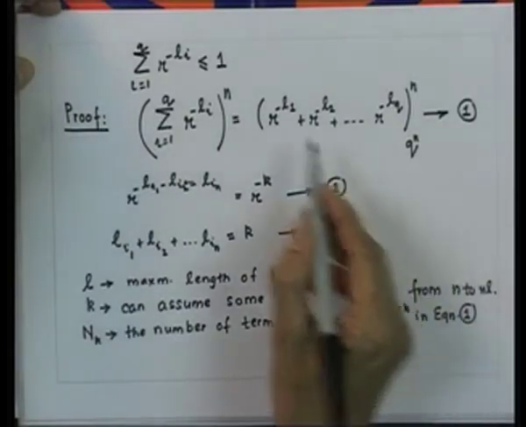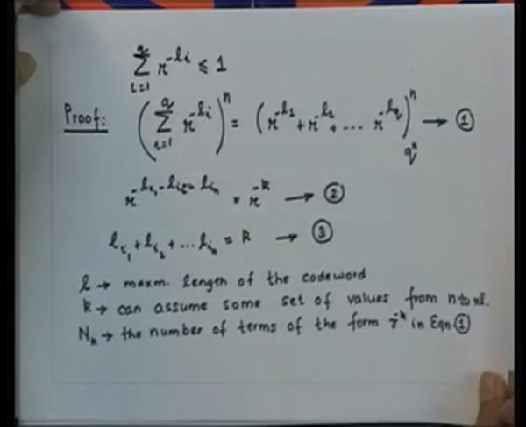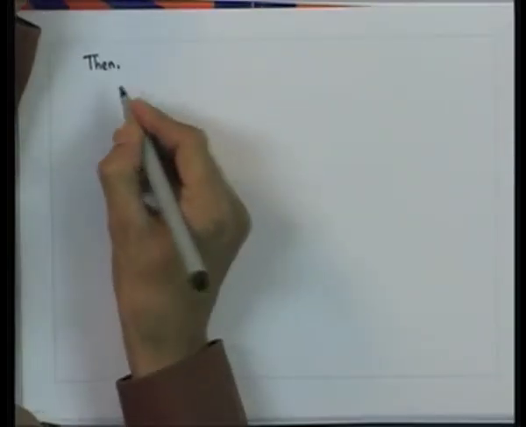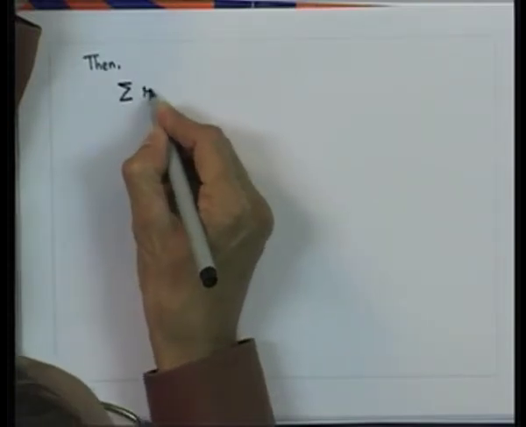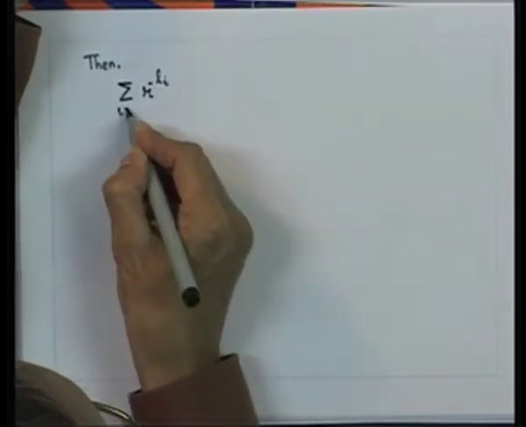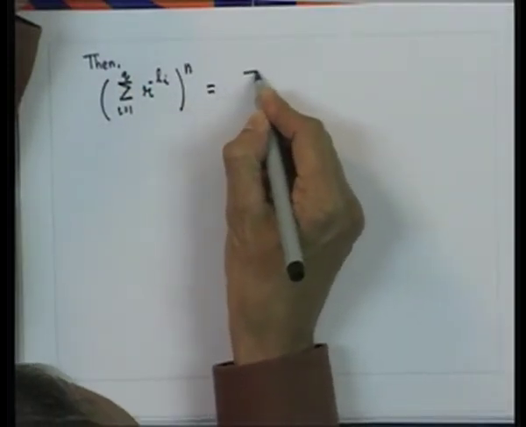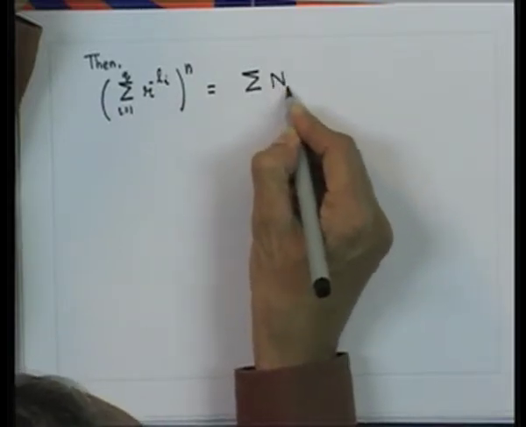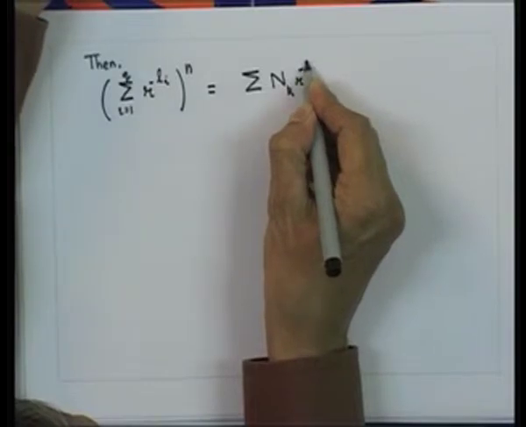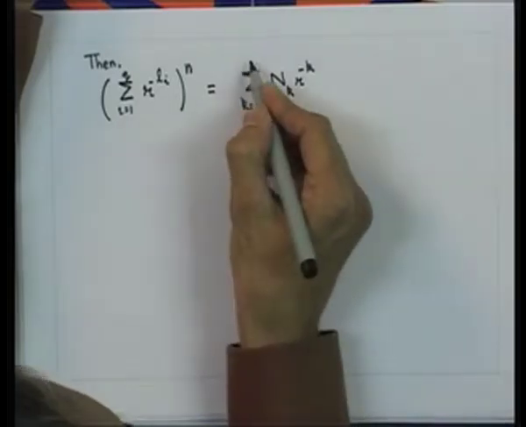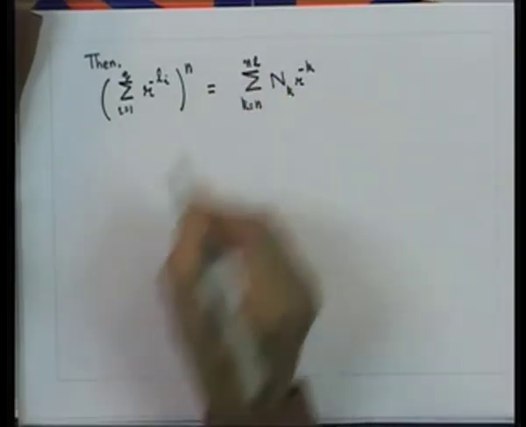Then I can write this expression as the summation of nk r raised to minus k, k equal to n to nL.